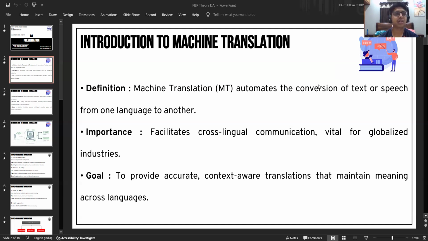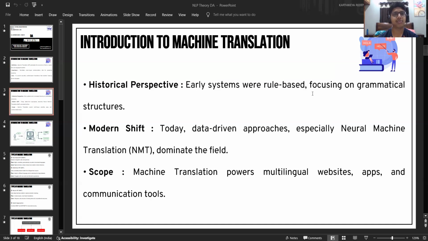So now let's dive into the evolution of machine translation and understand how far we have come. To understand where we are today with machine translation, it's helpful to look back. Earlier systems were rule-based, focusing on grammatical structures to perform translations. However, in recent times, there's been a shift to data-driven approaches with neural machine translation, NMT, becoming the dominant technique.